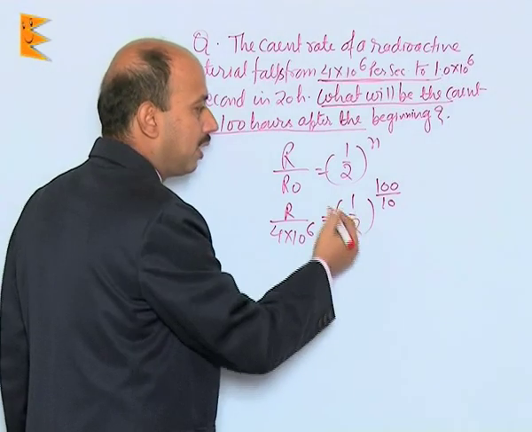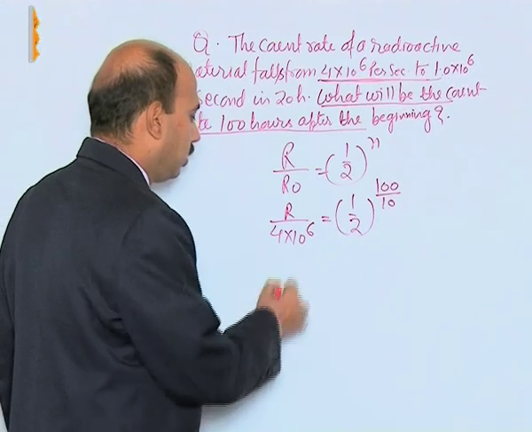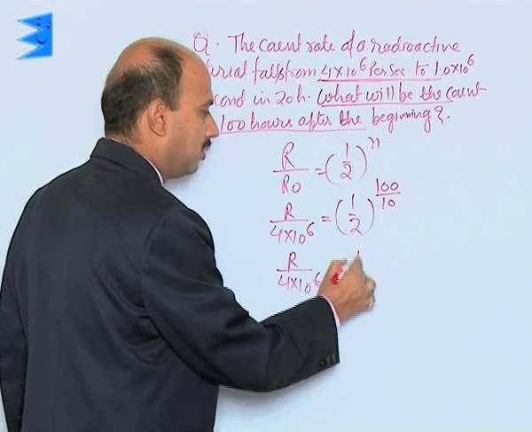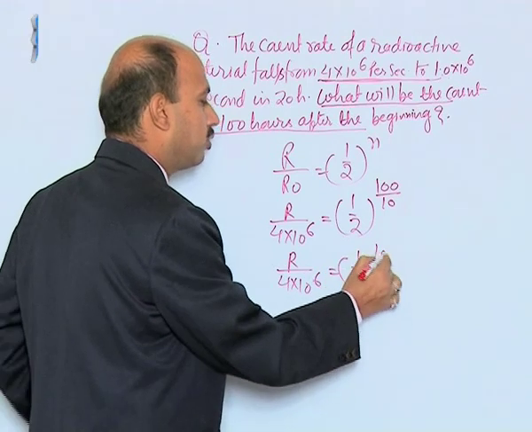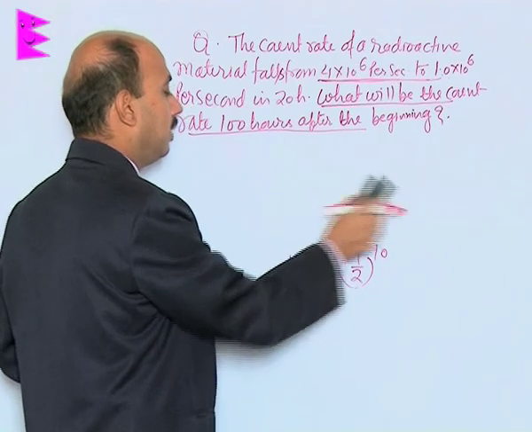So total time is 100 hours, half-life is 10. We can calculate n directly from here. So R upon 4 × 10^6 is 1 upon 2 raised to power 10. Now we can simplify it further.